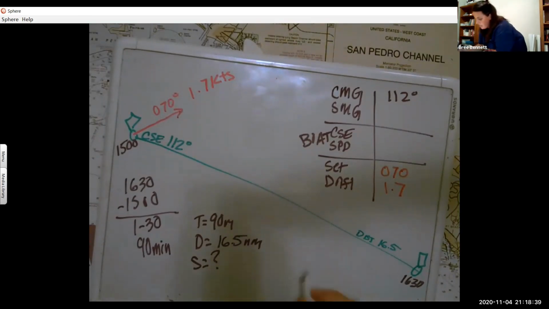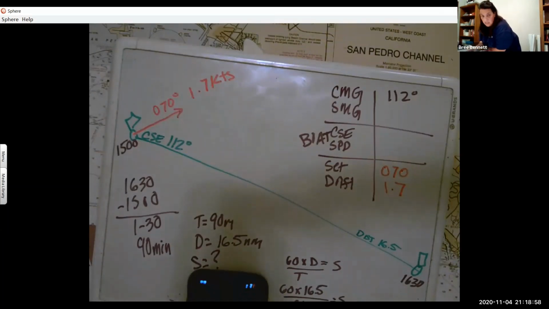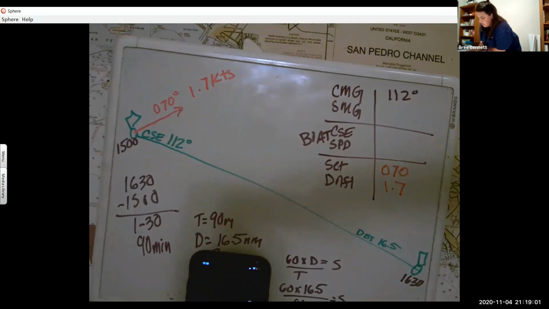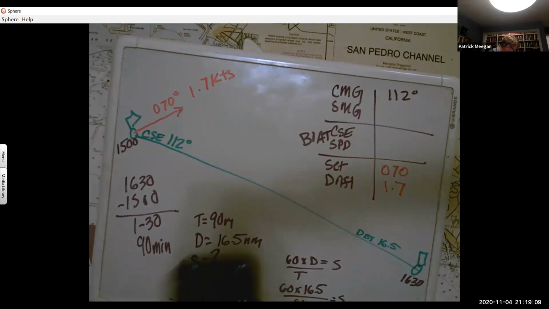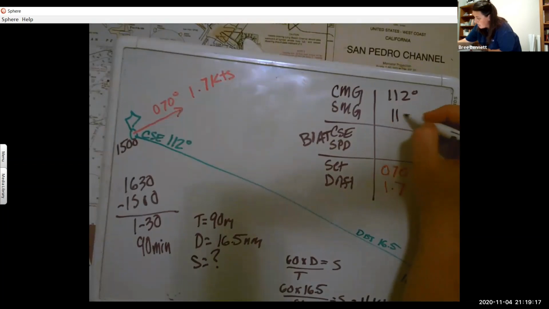So I'm going to use my 60 D street: 60 times D divided by T equals speed. 60 times 16.5 divided by 90 gives me a speed. 11 knots. So my speed made good is 11 knots.